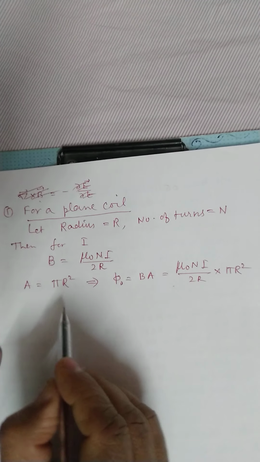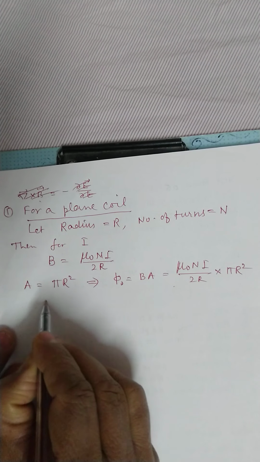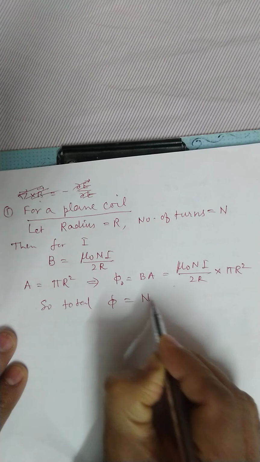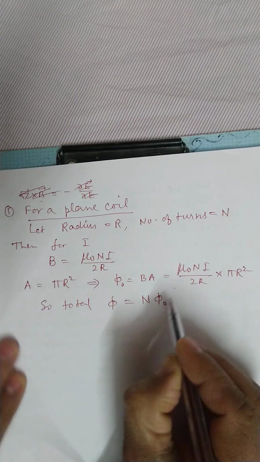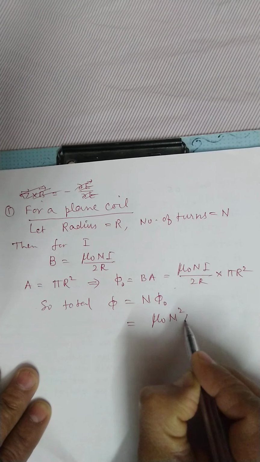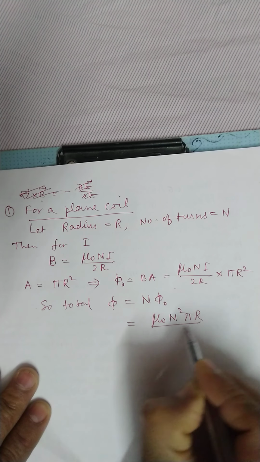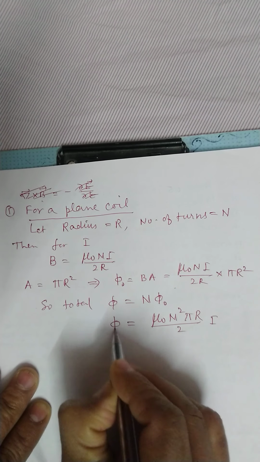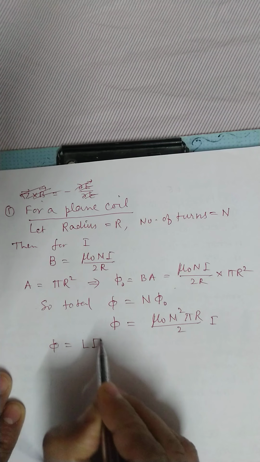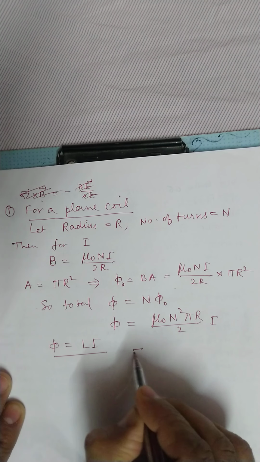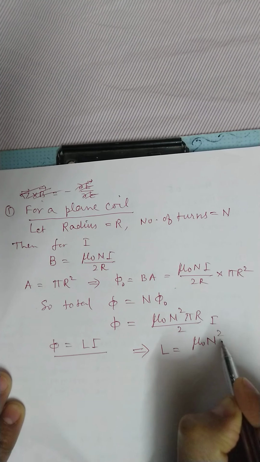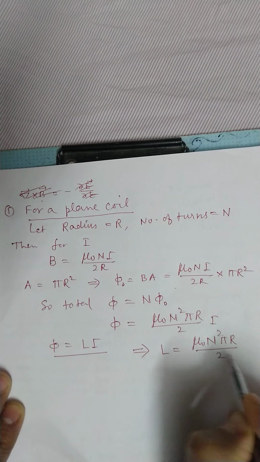So total flux associated phi will be number of turns multiplied by each turn, and that will be mu naught N square pi r upon 2 into I. Now I compare this formula with phi equals L i. I will get L is equal to mu 0 N square pi r upon 2.